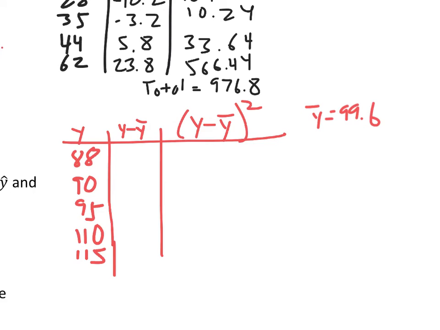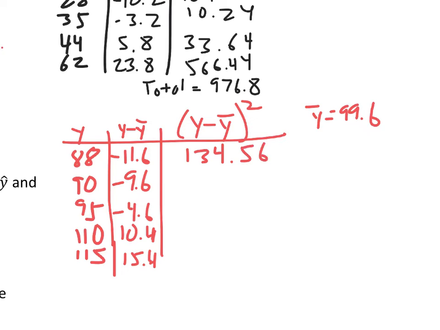We're going to subtract that from each of these in the y list. So subtract them one by one, and we get that list there, and then we're going to square them. So take this column here, square them to get this column over here. And it takes a little bit of work, but we should get these numbers here.